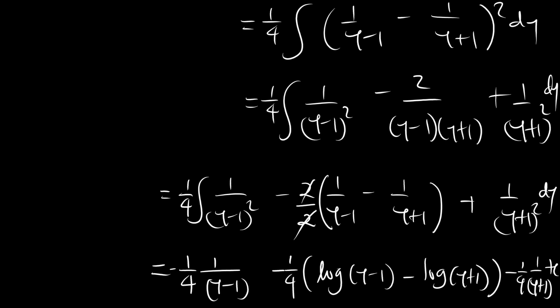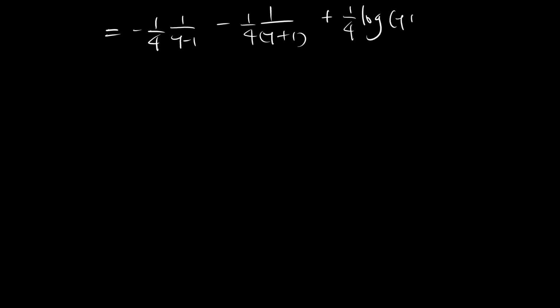Okay, so interesting. We've come to negative a quarter of 1 over y minus 1, minus a quarter of 1 over y plus 1, and then we have a quarter log of y plus 1 minus a quarter log of y minus 1 plus c.